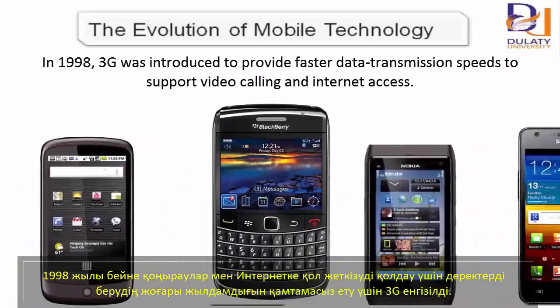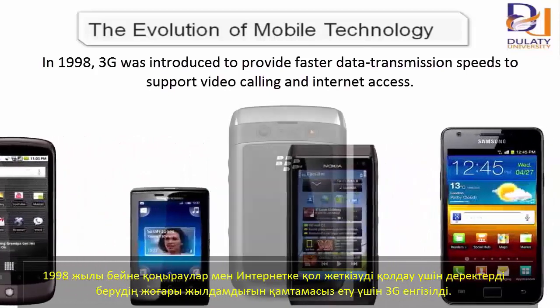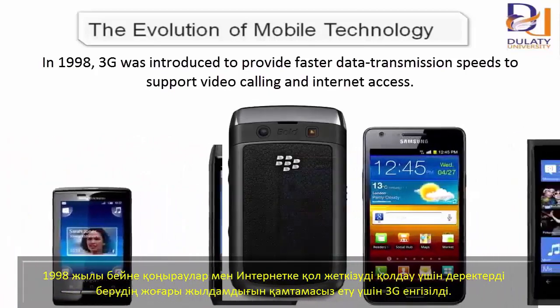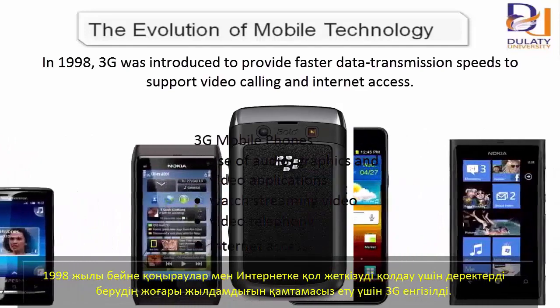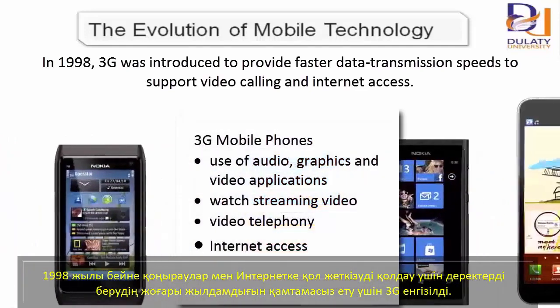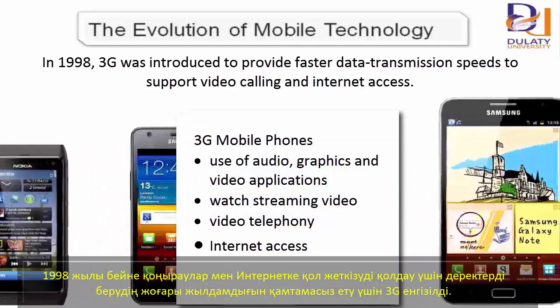In 1998, 3G was introduced to provide faster data transmission speeds to support video calling and internet access.